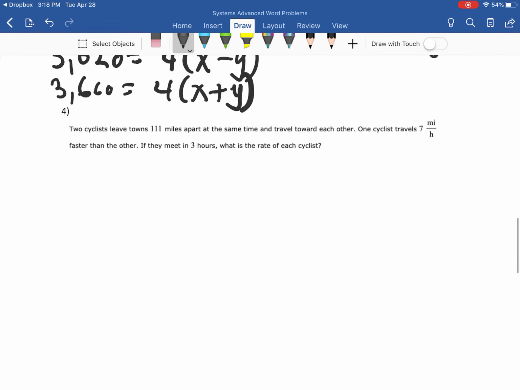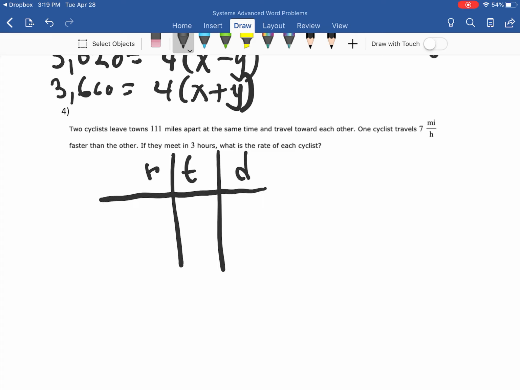Okay. Number 4, a little different. So let's start by making our RTD chart. Okay. So 2 cyclists leave towns 111 miles apart at the same time and travel toward each other. One cyclist travels 7 miles per hour faster than the other one. If they meet in 3 hours, what is the rate of each cyclist? So we have 2 cyclists here.